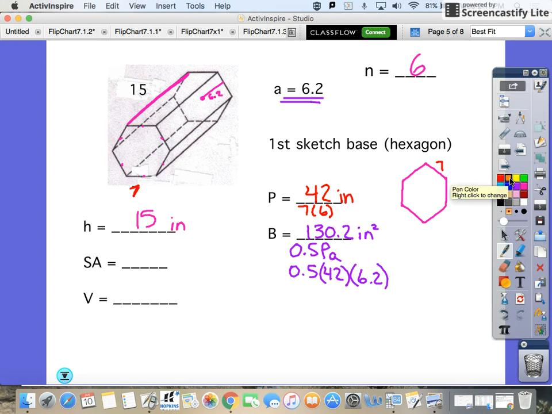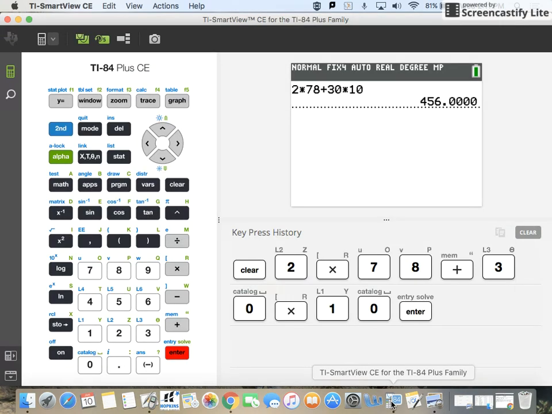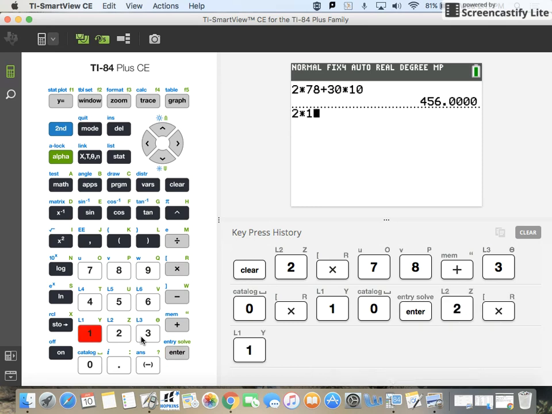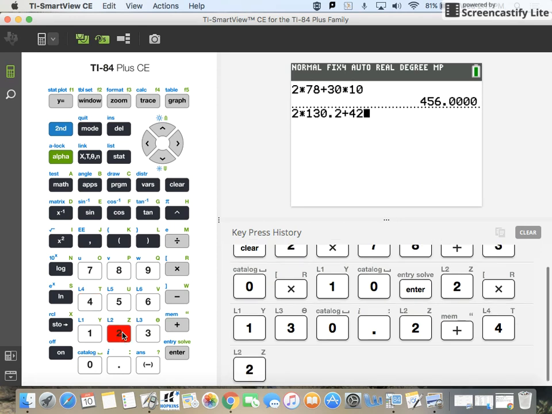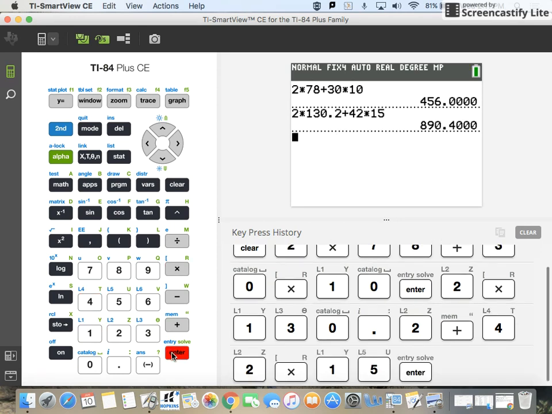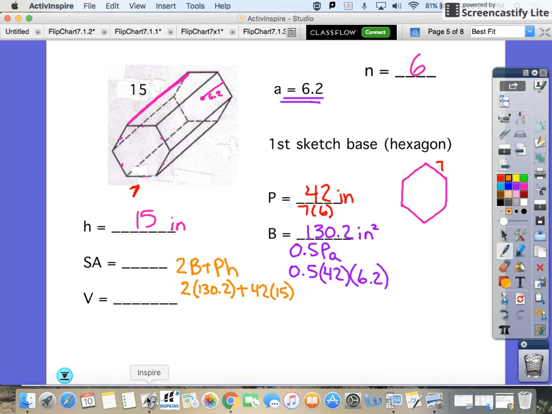The formula for surface area is 2B plus PH. So 2 times 130.2 plus 42 times 15. 2 times 130.2 plus 42 times 15 is 890.40.